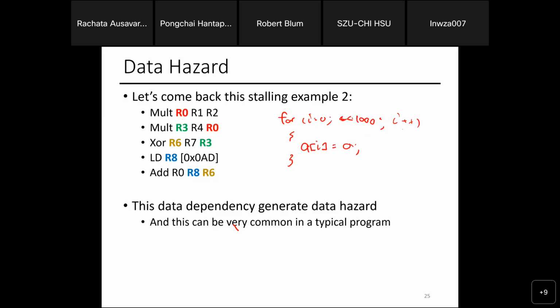See how I do step A, followed by step B right away. I update the value of i, incrementing i plus plus, and the next thing I do is check whether i is less than 1000 or not. That's data dependency. You might be surprised how often this shows up, and when it shows up, it slows down your pipeline design. That's the issue.